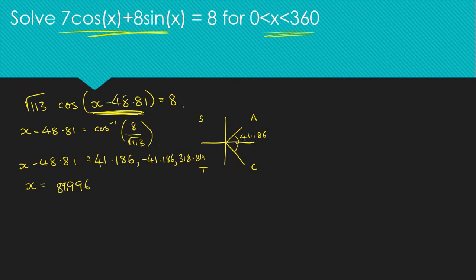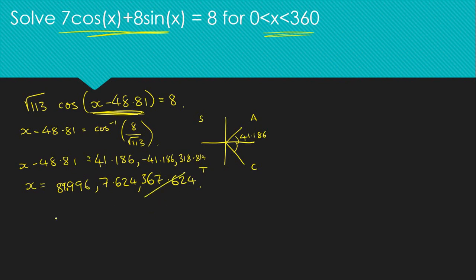We're going to add on 48.81, which is going to be 7.624. Now with the last one, 318.814 plus 48.81 is going to come out as 367.624. That is too big.